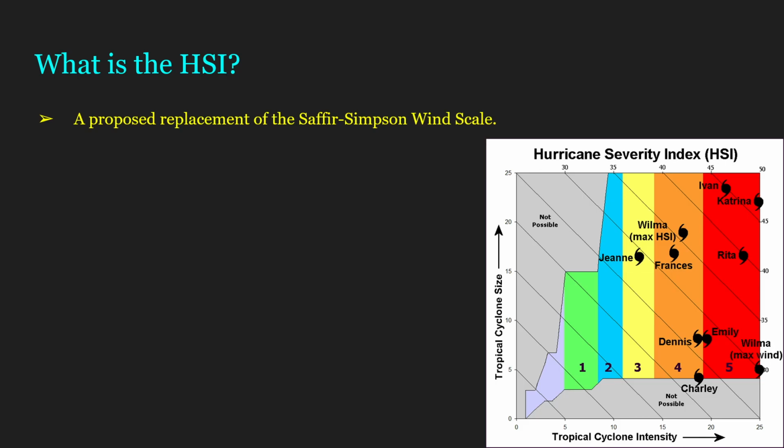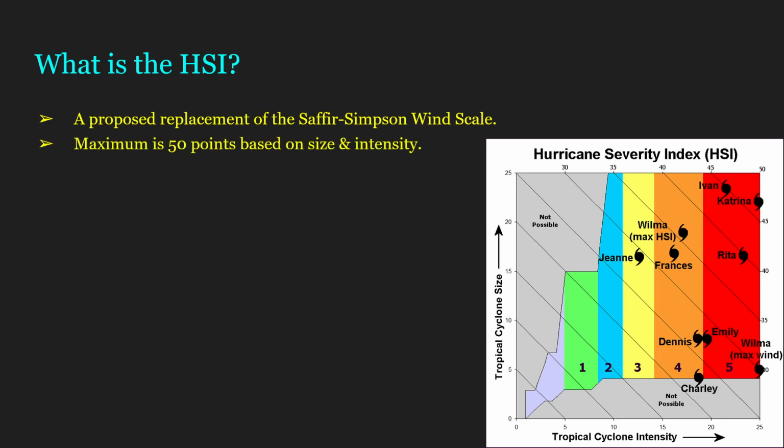By no means is there anything wrong with the Saffir Simpson scale. Just want to put that up front there. There's nothing wrong with it. There are just more things that need to be measured from a hurricane other than just the maximum winds.